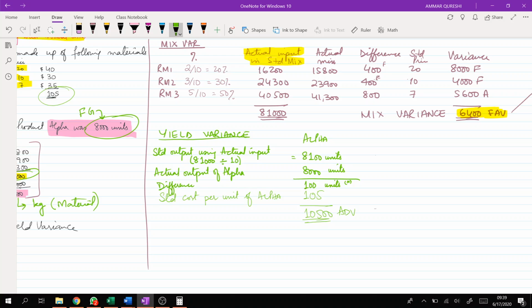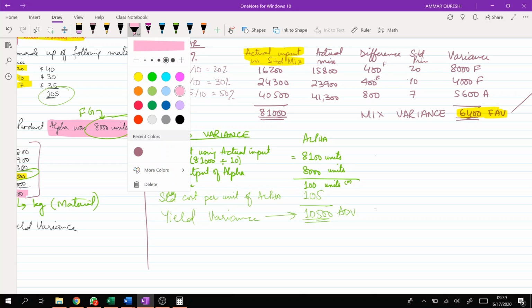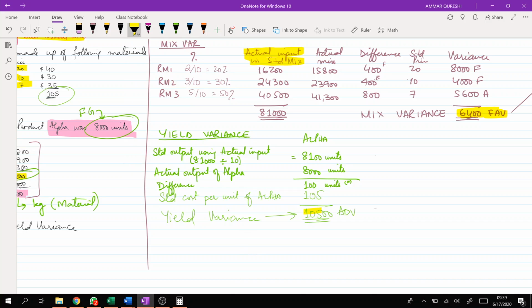And this is an adverse variance, so the yield variance is adverse, right? So again the question arises, where is the normal loss? Where is the loss? Loss is automatically adjusted whenever you follow this type of method.